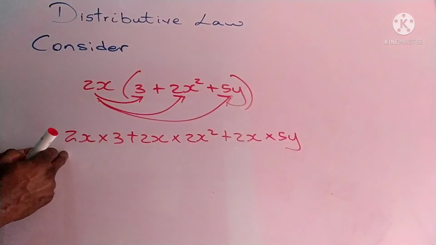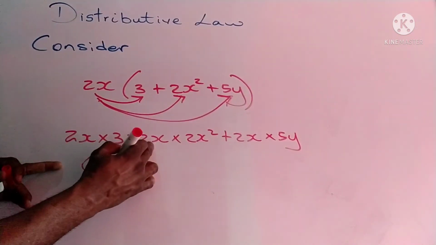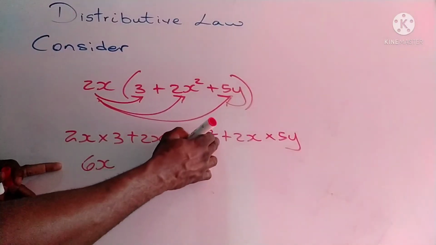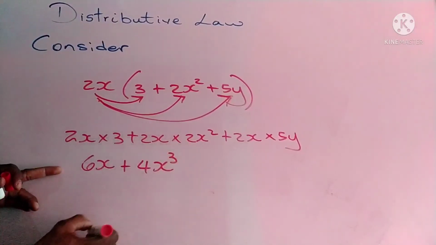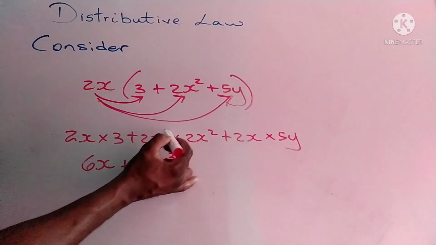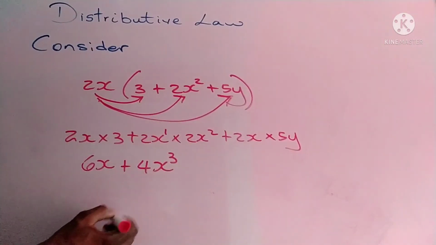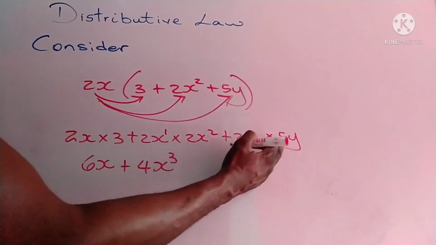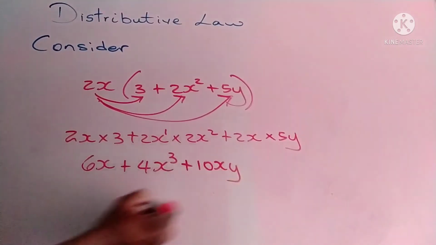So we simplify. 2x times 3 would give us 6x. 2x times 2x to the second will give us 4x to the third. Remember the property, when you multiply same letters, you add their powers. And if you don't see a power, it means it's raised to the 1. 2x times 5y will land us 10xy.